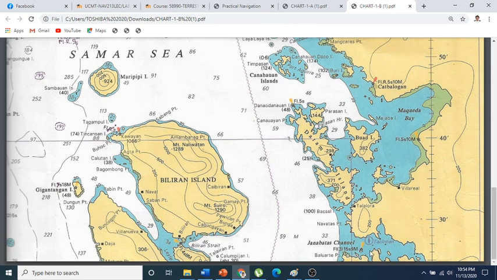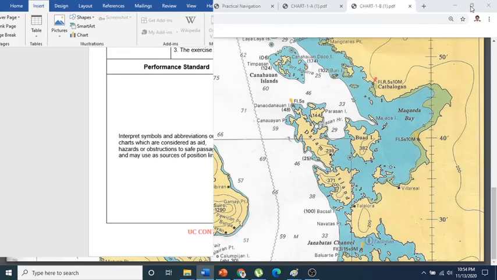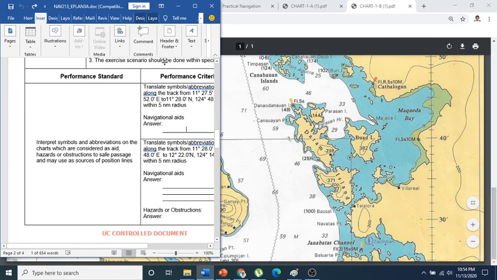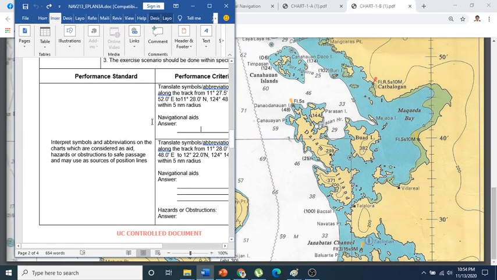Okay, so in my case, I will be using the lighthouse as the navigational aid. So I will write here what is the navigational aids.